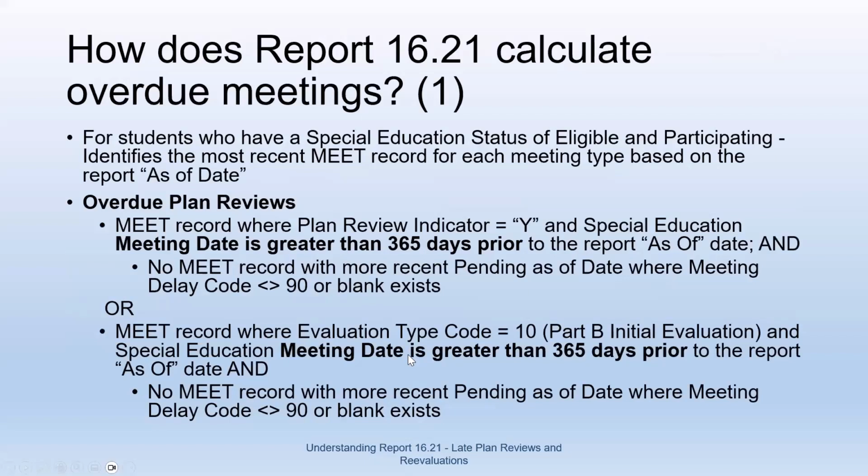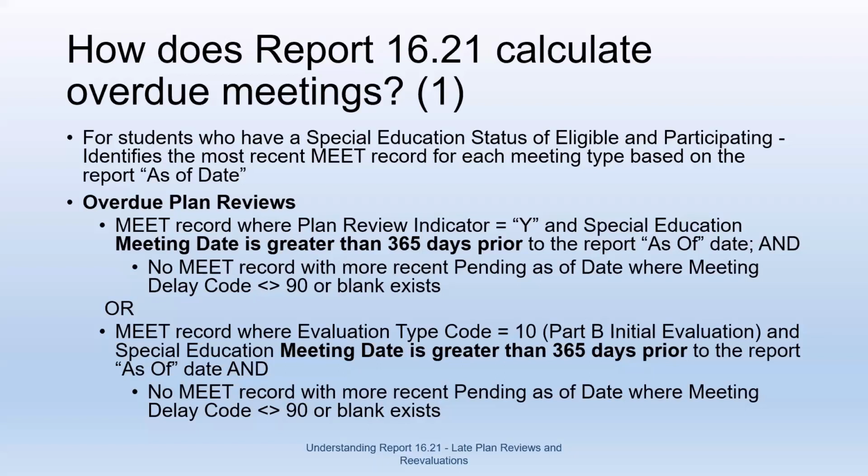All right, so how does report 16.21 calculate overdue meetings? A meeting that has not been held yet is considered overdue. So number one, the student has to have a status of eligible and participating in CALPADS. That's really important.